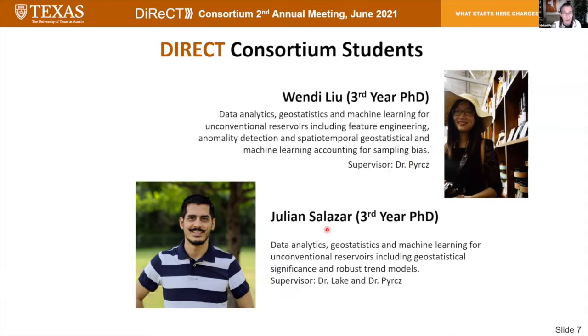Julian Salazar, working also in the field. Julian, I see you on the line with us. Hey, Julian. Hello, everybody. Thanks for joining in. I appreciate that. Working in data analytics, geostatistics, and machine learning for unconventional reservoirs, I think these things are going to change the way we look at the subsurface. Geostatistical significance is a great idea.